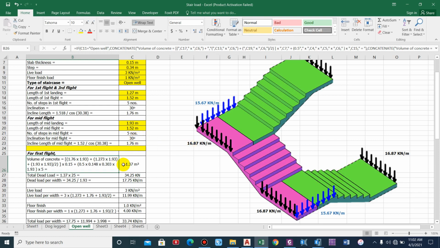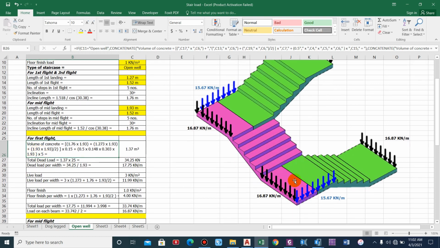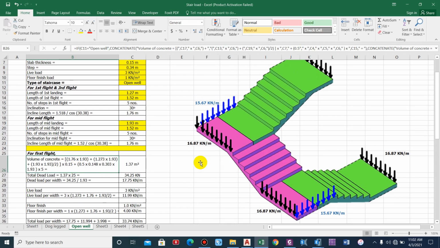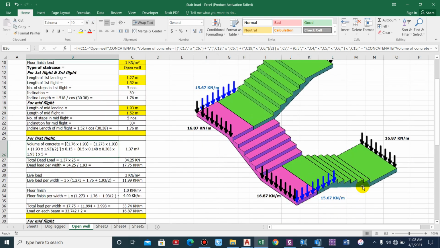So 1.273 into 1.93 plus 1.93, that is the width of the stair here, landing here, into 1.93 divided by 2, that is half of the staircase landing, that is the mid landing. So 1.93 divided by 2, we are considering the half dimension only, into 0.15, that is thickness. So we got the volume of the slab of the staircase.